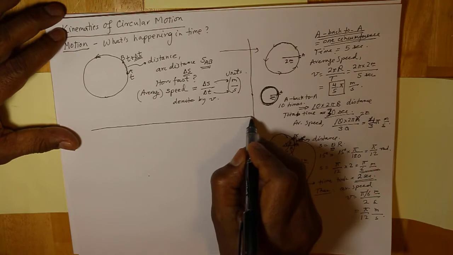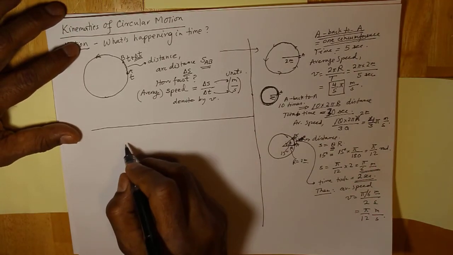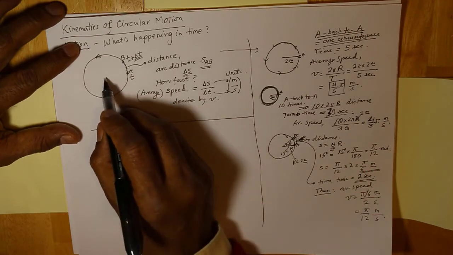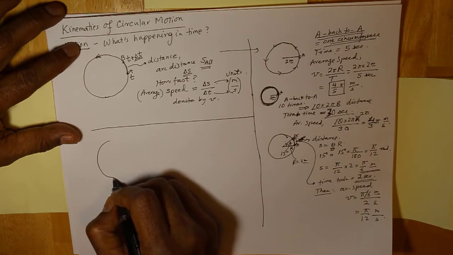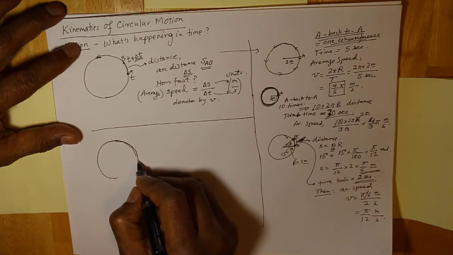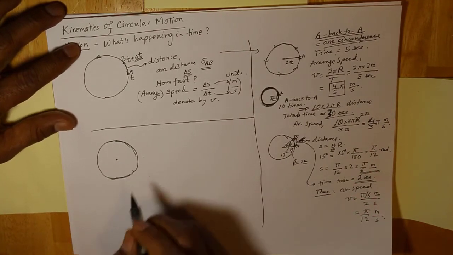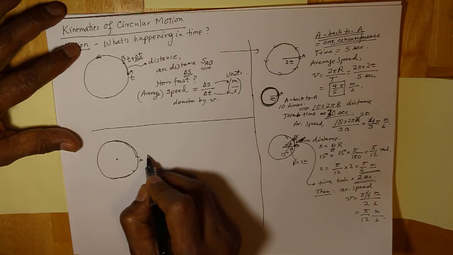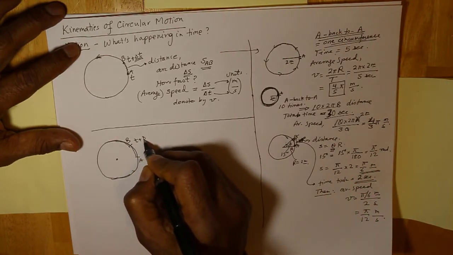However, there's another way to talk about speed when something is moving in a circle, and that's using the angle. Same diagram: I'm going to have a circle with a center, and I'm at A at time t, and I'm at B at time t plus delta t.